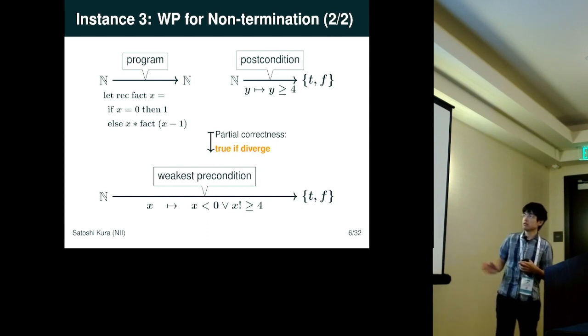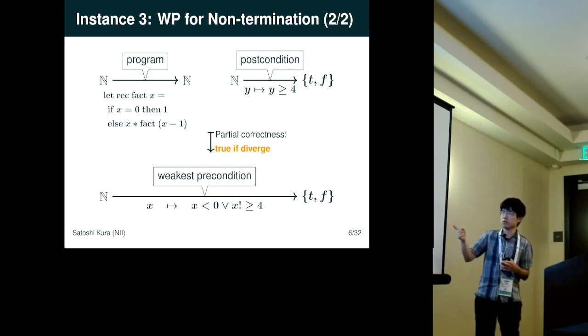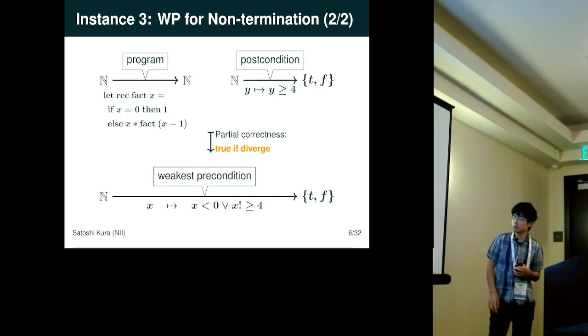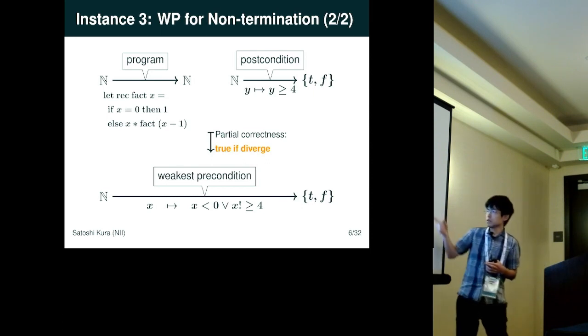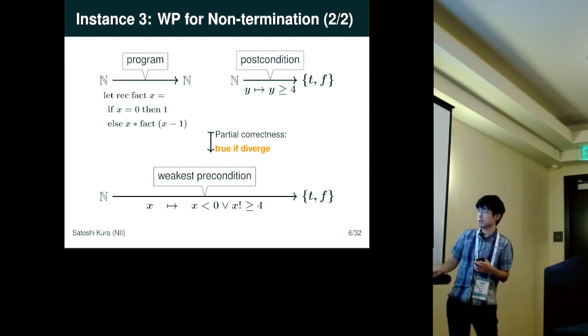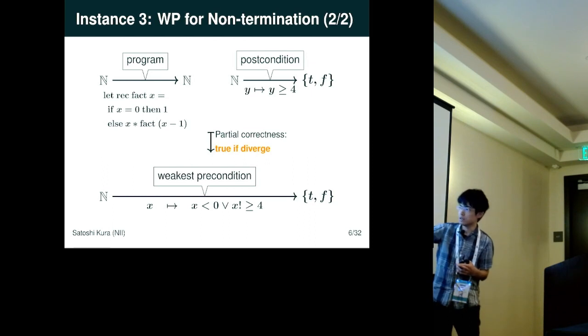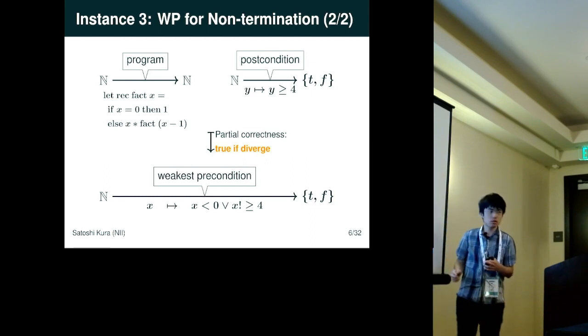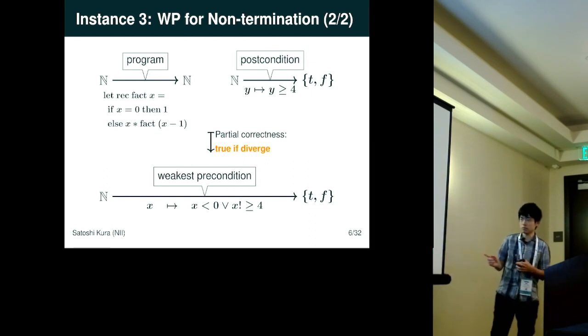On the other hand, if we consider that the post-condition is satisfied when the program diverges, then we get the weakest precondition for partial correctness. The weakest precondition for partial correctness says that either the program diverges or the output satisfies the post-condition.